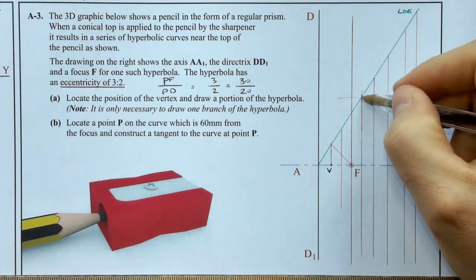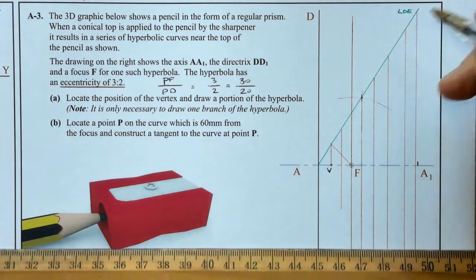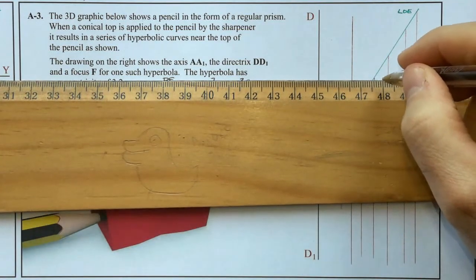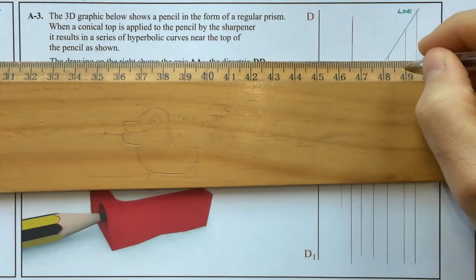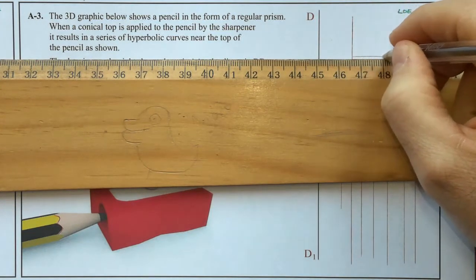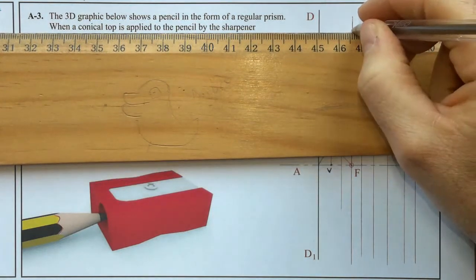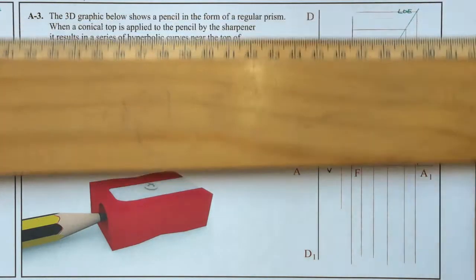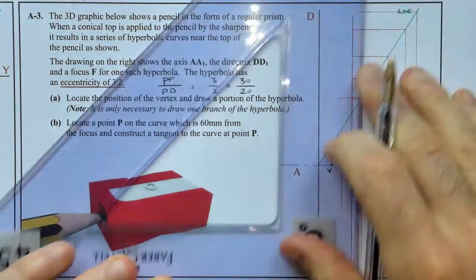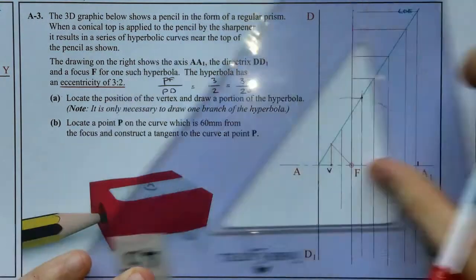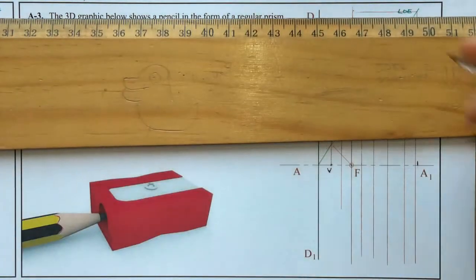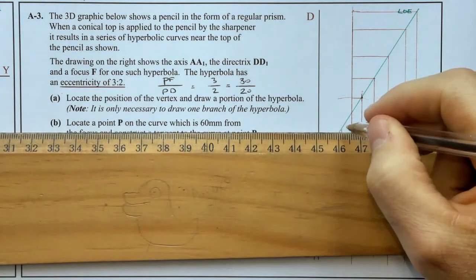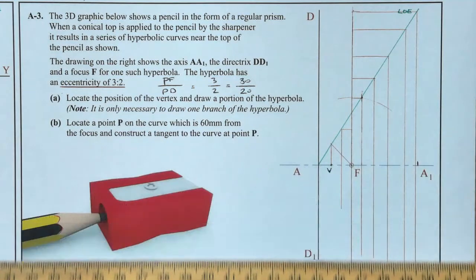So, where each one of these lines I did hits my line of eccentricity, I'm going to extend it across to my focal line. Probably didn't need that one at the top, but sure, put it in. I extend it on my focal line there, and where this one hits here on the inside, I'm just going to extend it across that way.